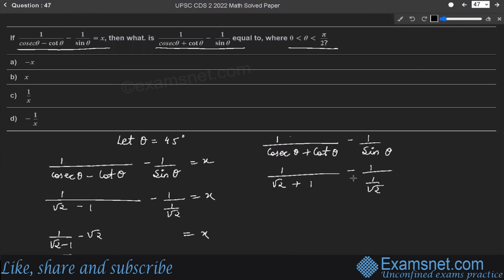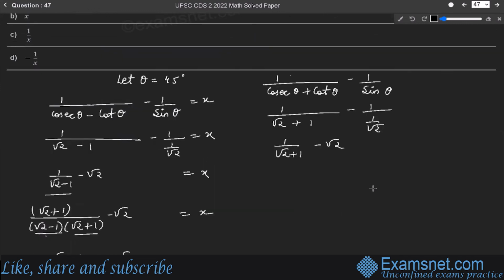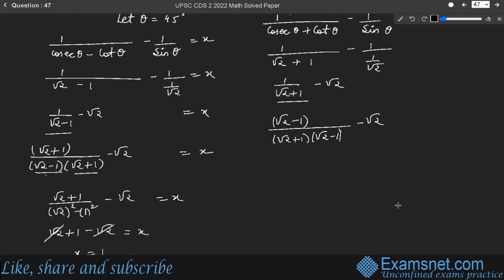So on further solving this, it will be equal to 1 upon root 2 plus 1, minus root 2. Now rationalizing this first term, it will be equal to root 2 minus 1 upon root 2 plus 1 into root 2 minus 1, minus root 2. On further solving, you can see it is a plus b and a minus b.